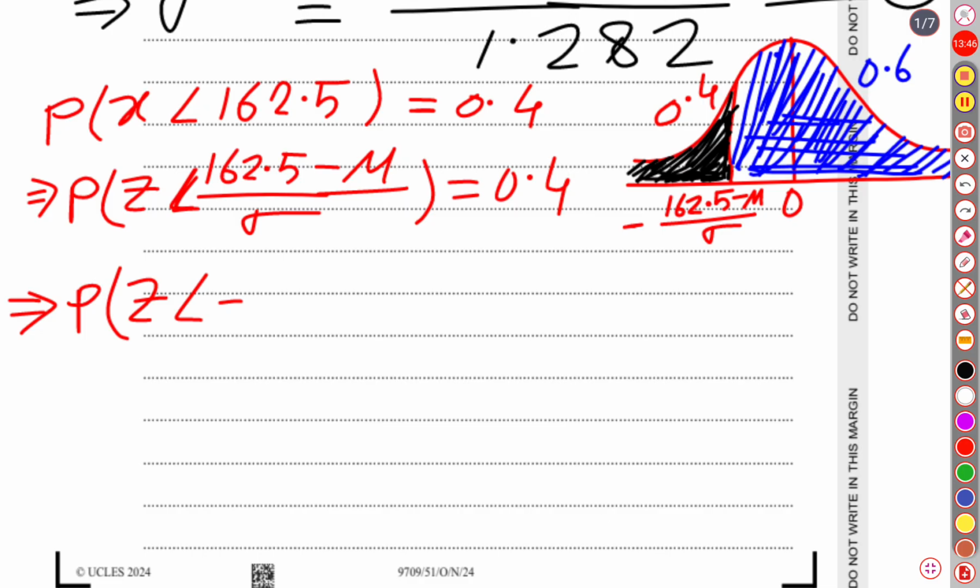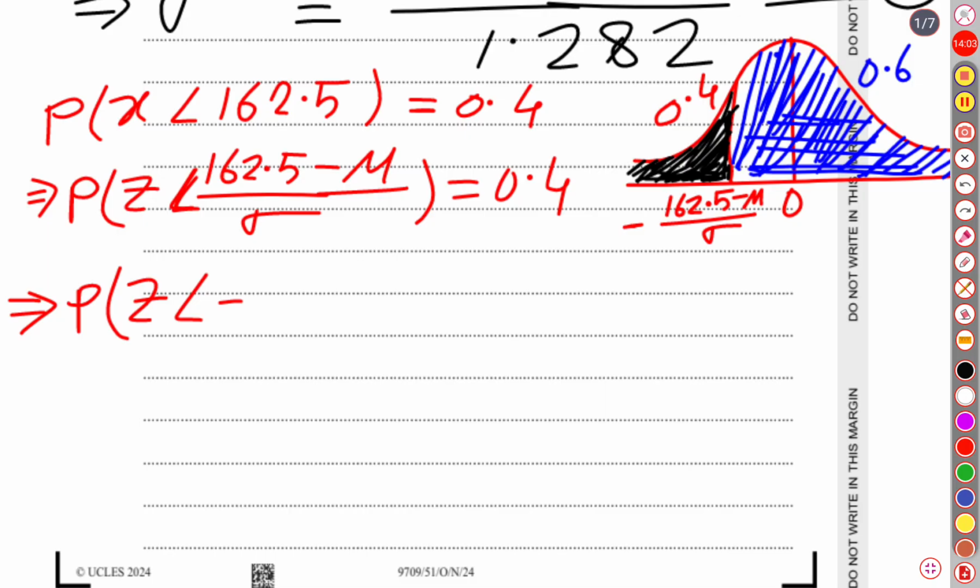Now for this probability we are going to find the corresponding z score. Well, for that again we will go back to our normal distribution table, because I find it comfortable to use the normal distribution function table.